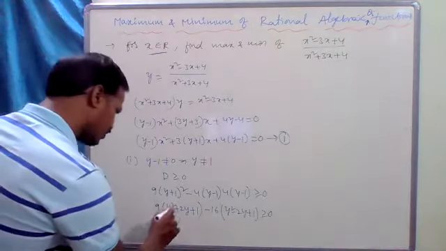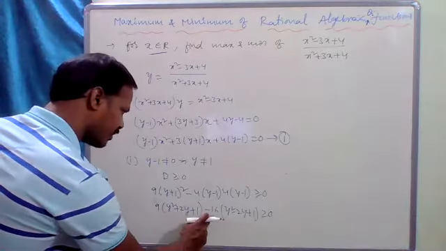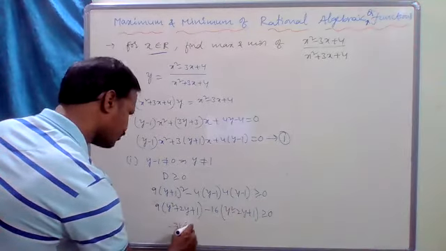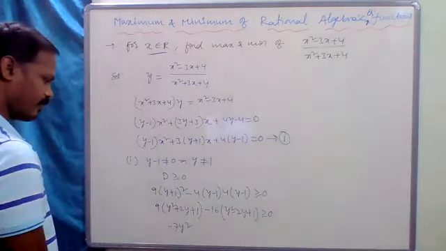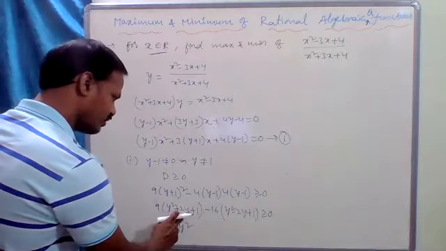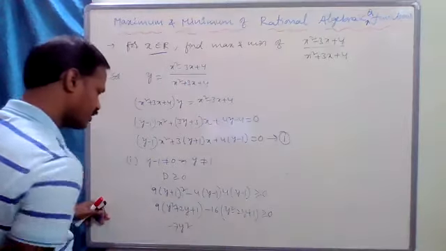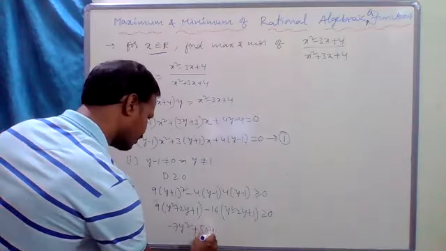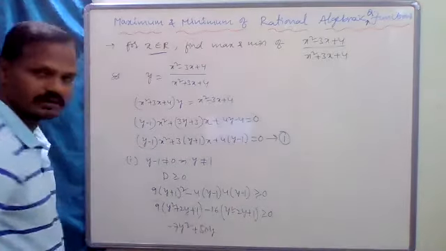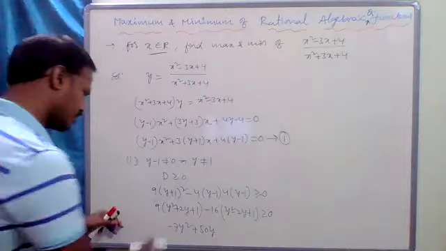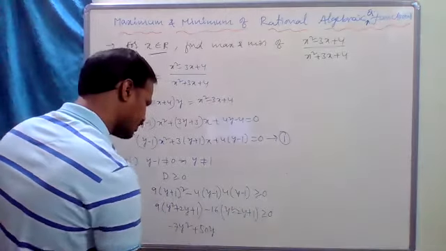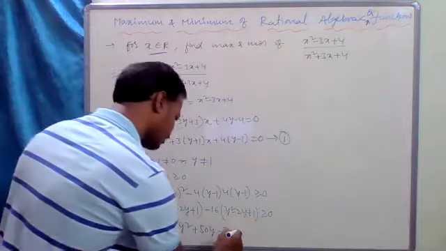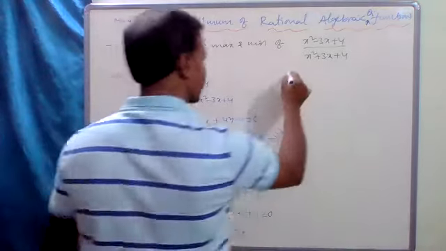Now 9y square minus 16y square is minus 7y square. Next, 18y plus 32y is 50y. Next, 9 minus 16 is minus 7, greater than or equal to 0.